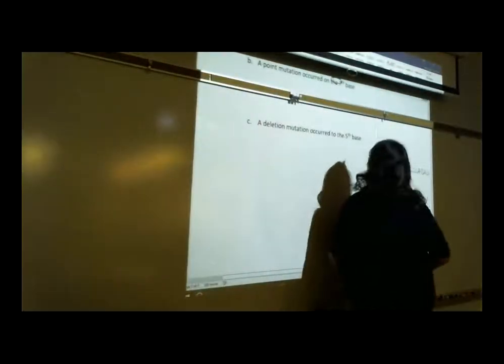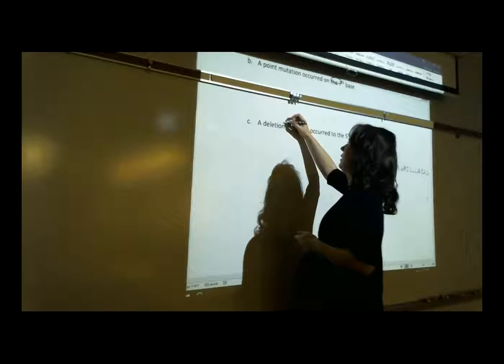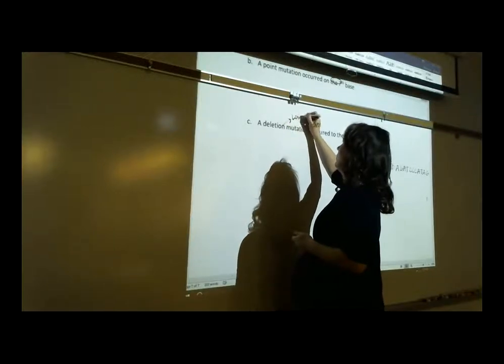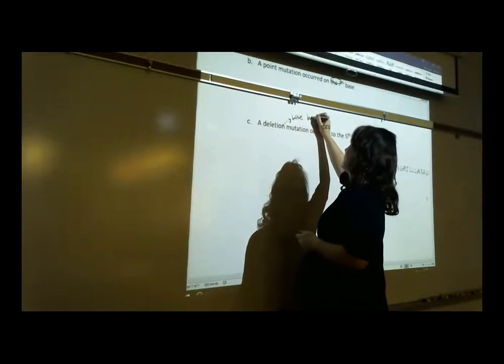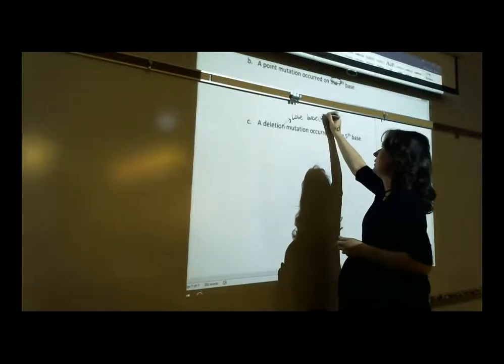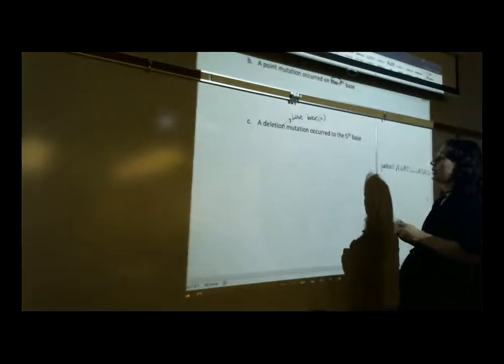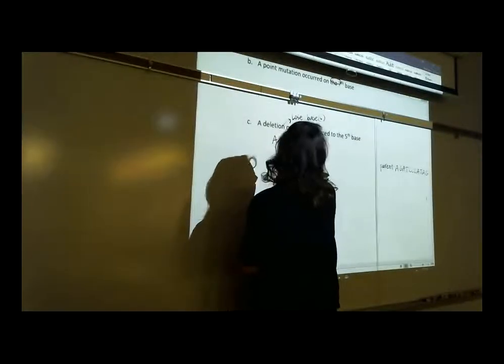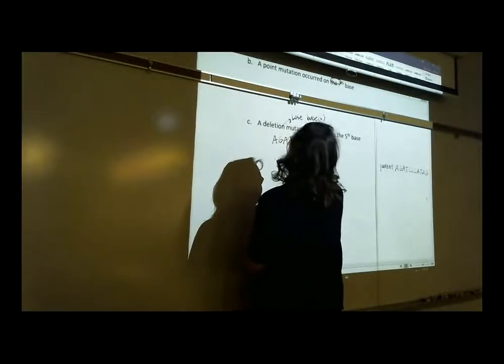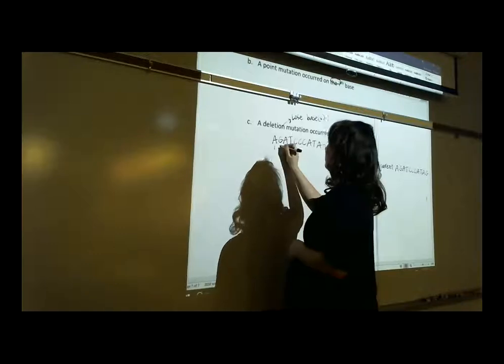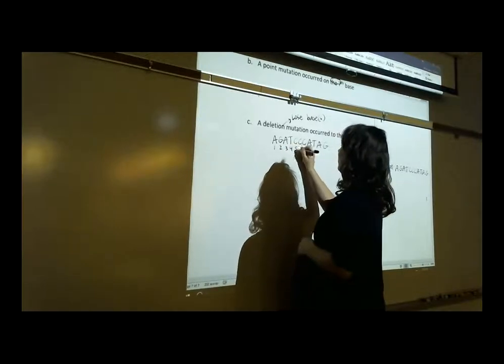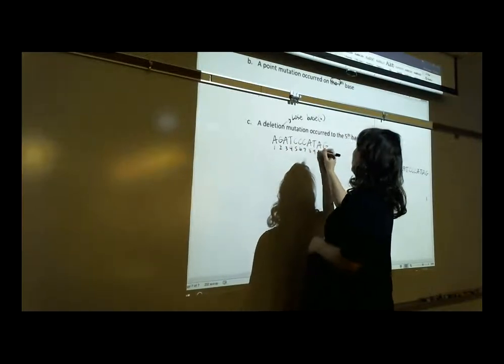Okay. So a deletion mutation means you lose a base or bases. Okay. So if we've got A, G, A, T, C, C, C, A, T, A, G. There's 1, 2, 3, 4, 5, 6, 7, 8, 9, 10, 11.